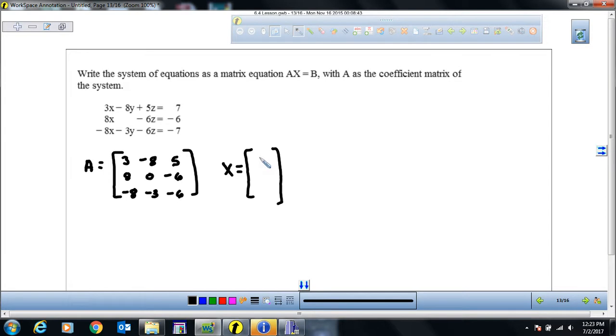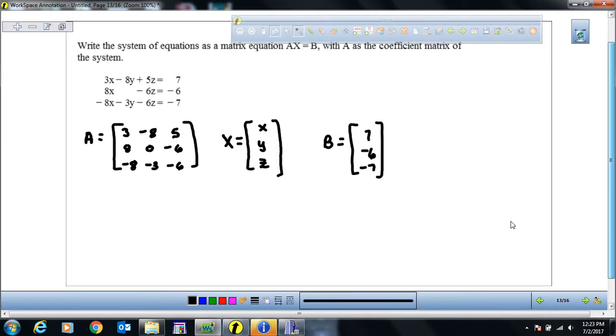We're going to put it vertically downward, and I'll explain that at the end why. So I'm going to put X, Y, and the last variable that we see there is Z. And then my matrix B is the constants. The constants are 7, -6, and -7.